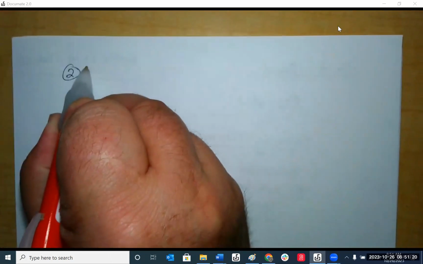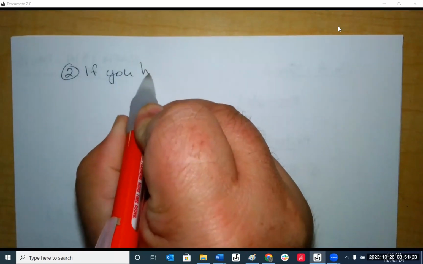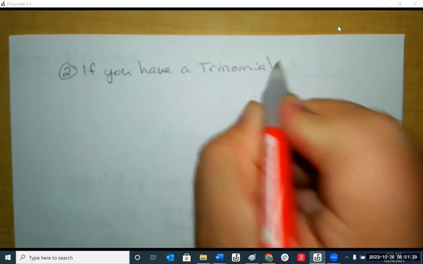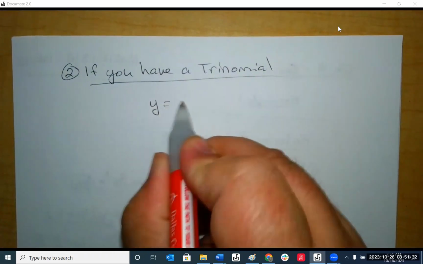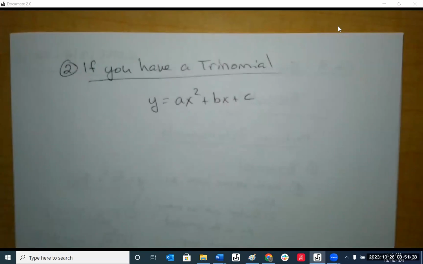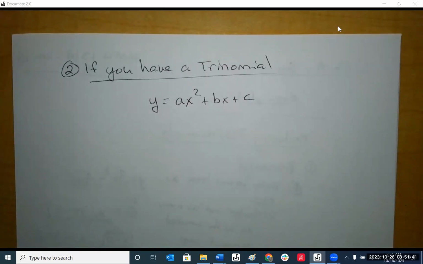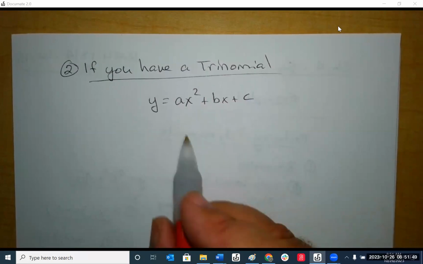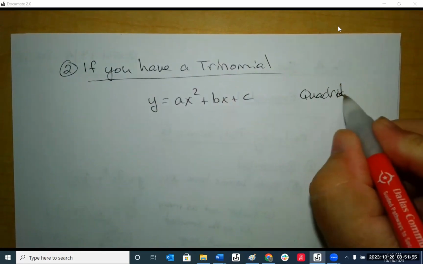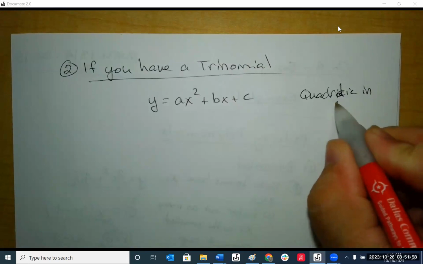If you have a trinomial, in other words, this is called quadratic in form.